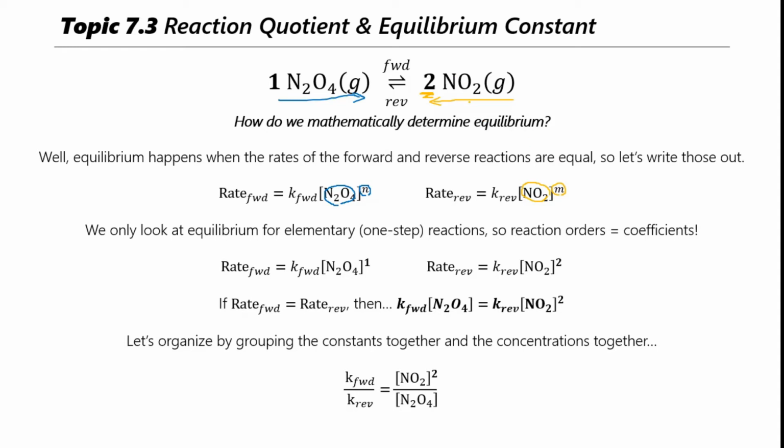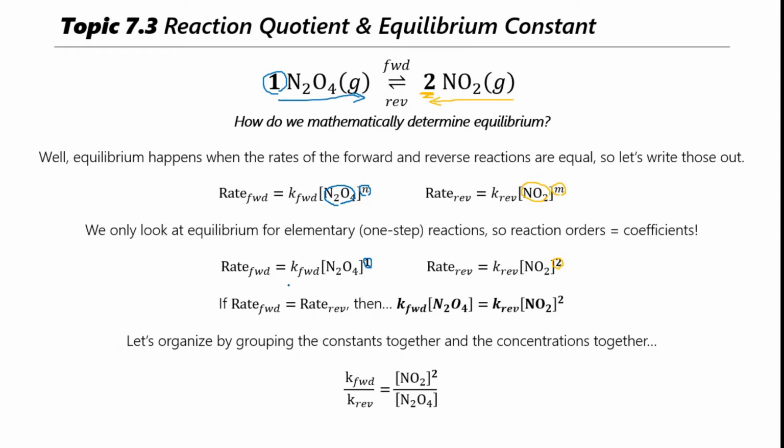So this is bimolecular. This has two essentially reactants. It's two of the same molecule coming together. So we're going to have a 2 as our reaction order there. That's our exponent. And for N2O4, we have a 1 out in front. That's going to be our 1 here.